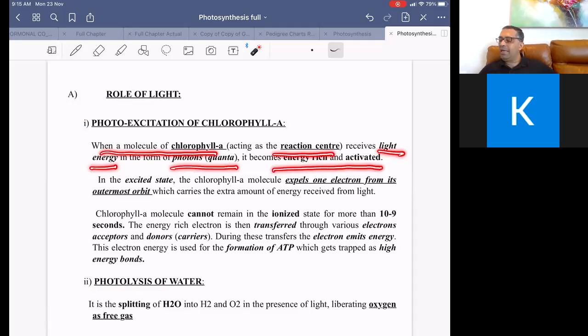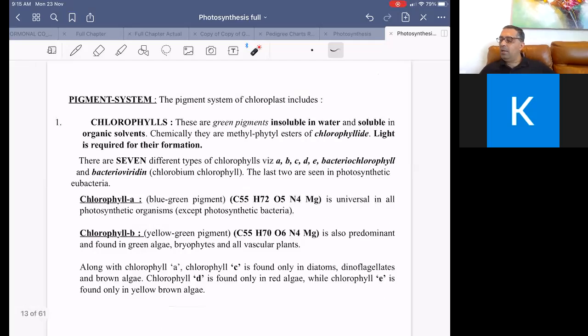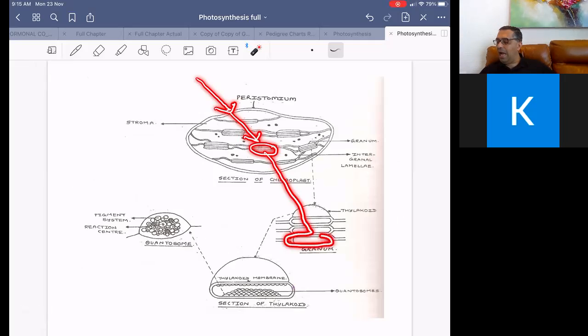If you remember, ये है leaf, और leaf के अंदर लाइट गिरती है. Light passes through the chloroplast, enters the grana, from grana it passes into the thylakoid, and in the thylakoid light enters a quantosome.